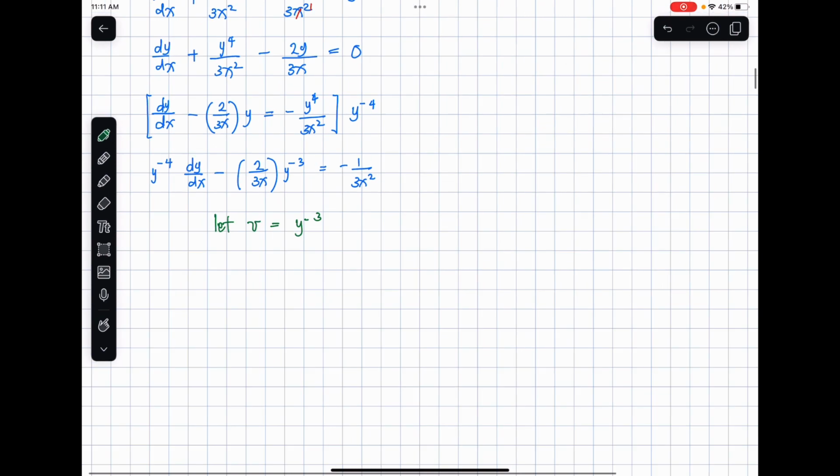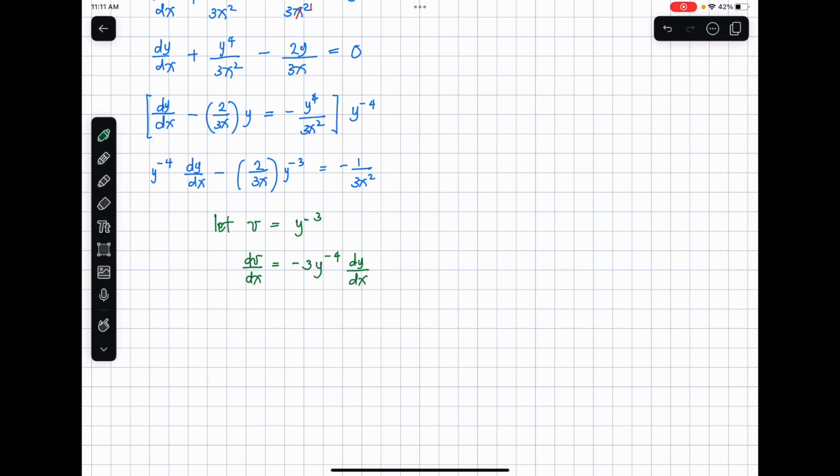So dv over dx is equal to the derivative of y raised to negative 3, which is negative 3 times y raised to negative 4, and then dy with respect to x.